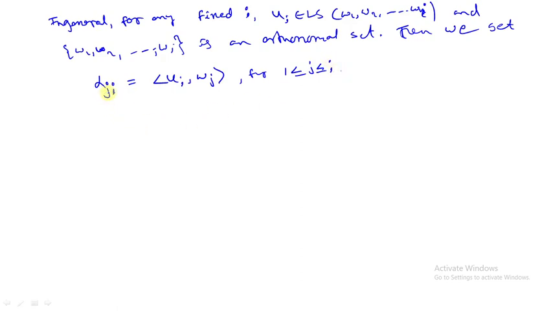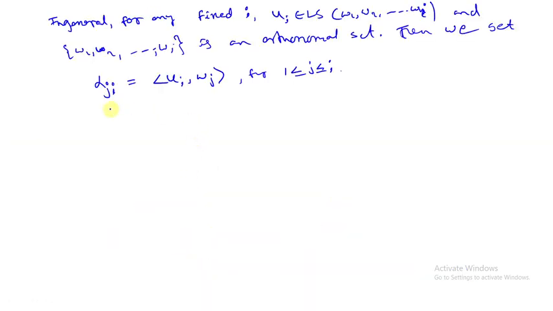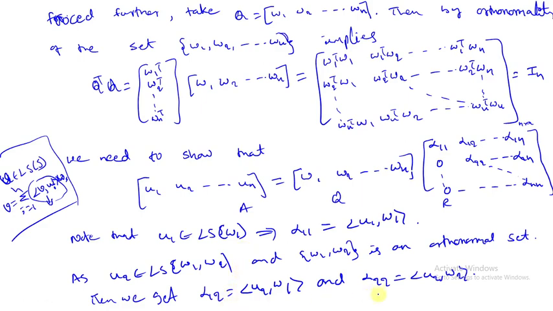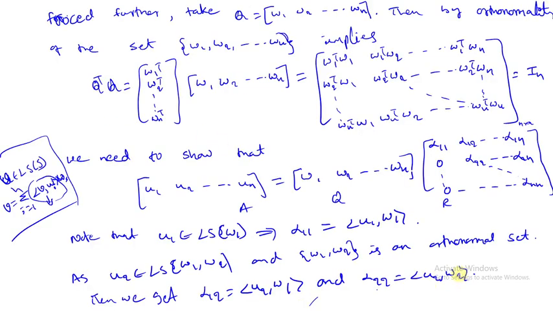So if we take alpha 1 1, the inner product of U1 with W1, alpha 1 2, the inner product of U2 with W1, and alpha 2 1, up to alpha i. Suppose i is 1, then we get alpha 1 1, and so on. For j equal to 1, 2, we get the inner product of U1 and U2 with W1, and of U2 with W2.